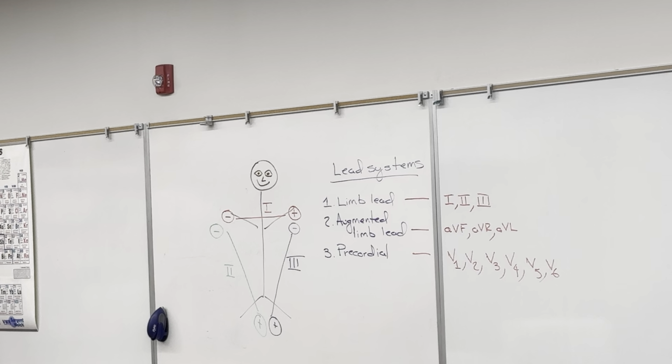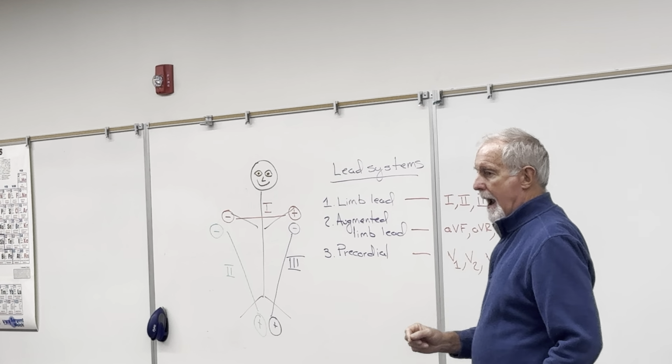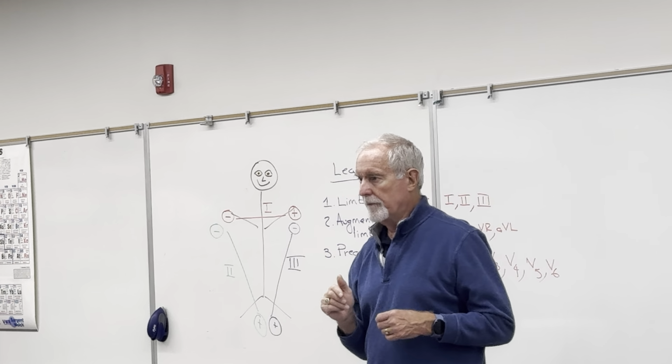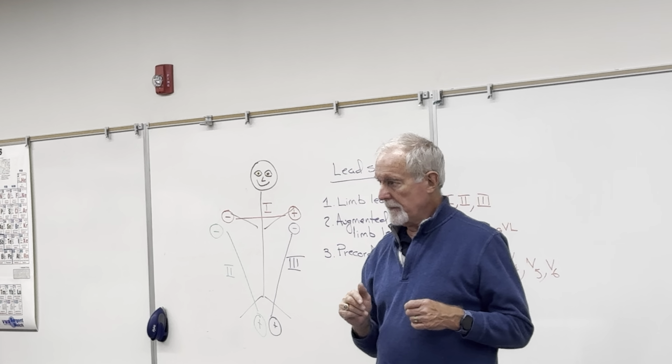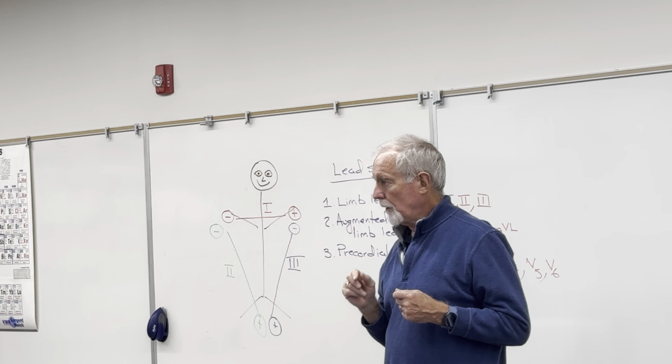All right, now, here's the question I want to pose to you. If you take a look at that bottom panel, those electrodes are recording the exact same electrical activity. And yet the waveforms are different.